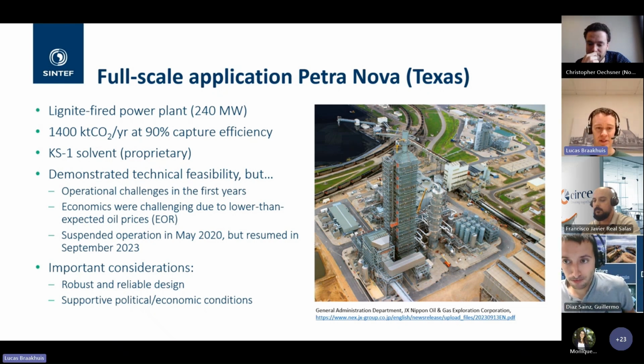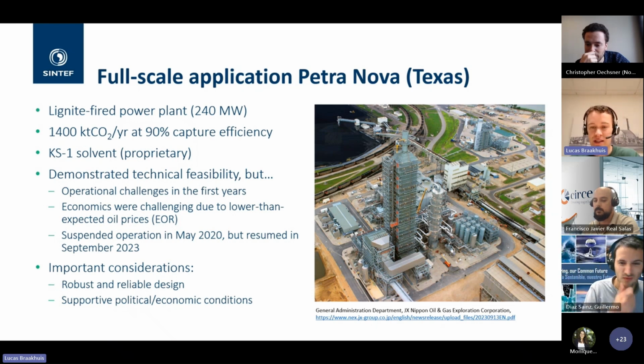The project has been operated since 2017. Operation was suspended in 2020, but it's been resumed in the autumn last year. And this installation really demonstrated the technical feasibility of post-combustion capture using absorption. But there were a lot of operational challenges, especially in the first couple of years.